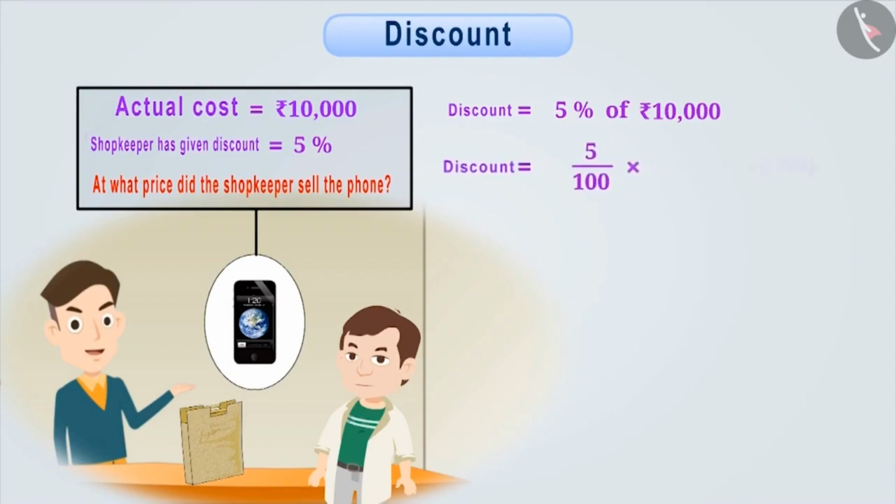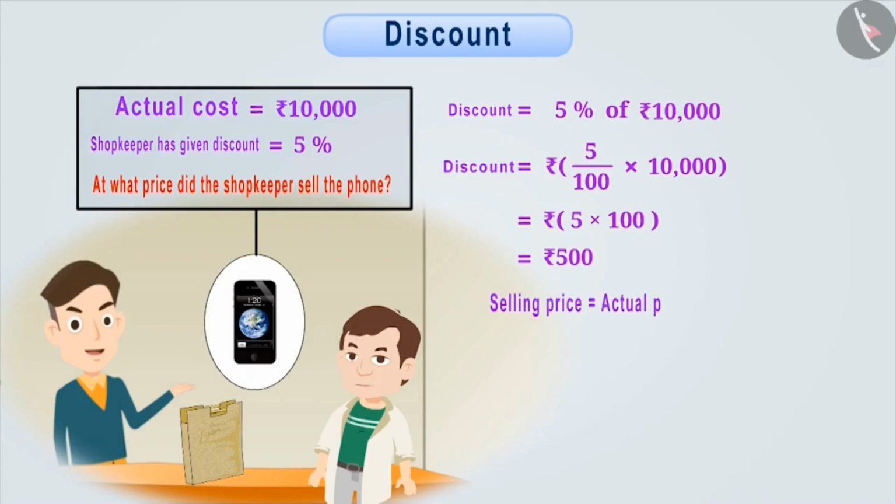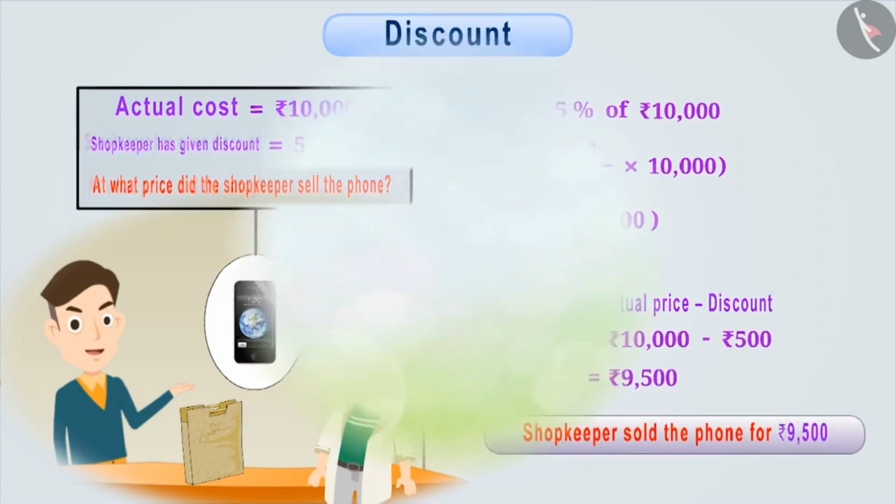That means 5 by 100 into 10,000, which is equal to Rs 500. Therefore, selling price is equal to actual cost minus discount, which is equal to Rs 10,000 minus Rs 500, which is equal to Rs 9,500.